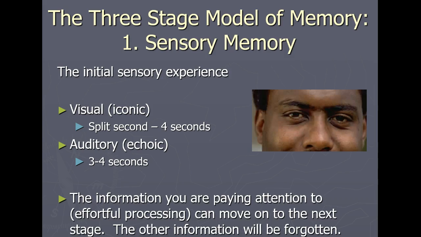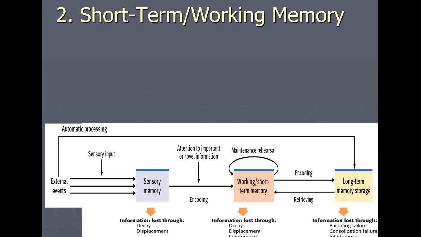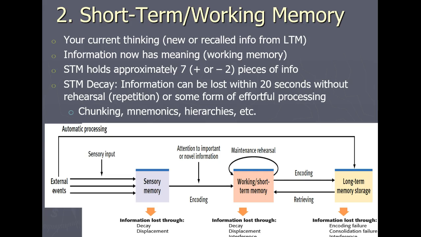The information that you pay attention to will move on to the next stage called short-term or working memory. Most of the other stuff will be forgotten. Short-term or working memory has a limited capacity of about 7 plus or minus 2 pieces of information.